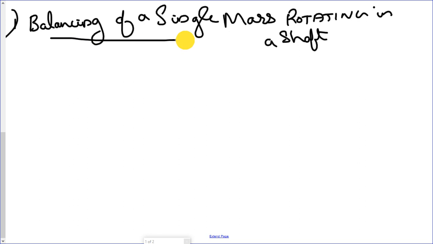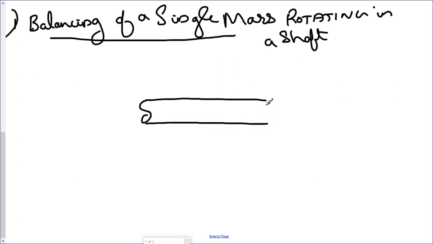Now consider a shaft. The shaft can be anything like a crankshaft or any rotating machinery shaft. A shaft is rotating at an angular velocity omega, and it is having a mass m at a radius r. When this shaft rotates, this mass will also rotate.